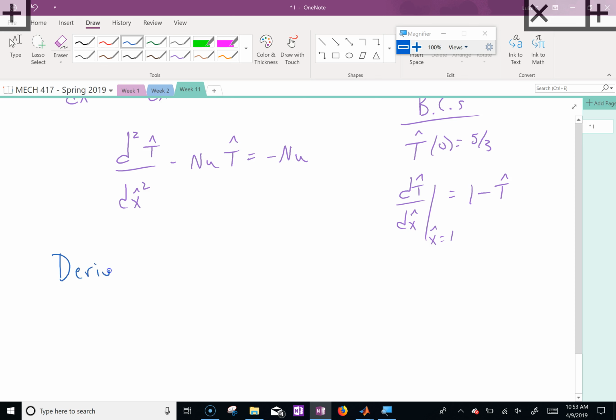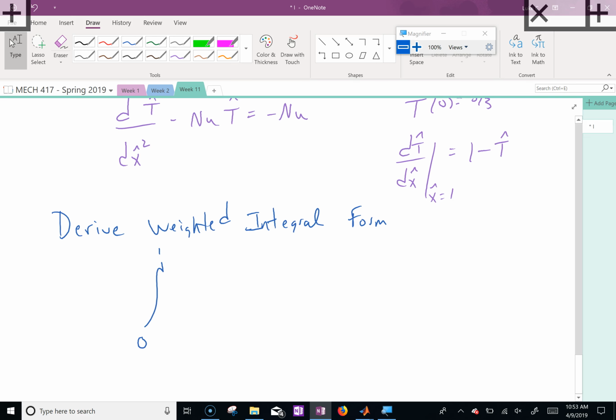We're going to derive what they call the weighted integral form, which is you multiply by a function and you integrate. I hope that sounds familiar.